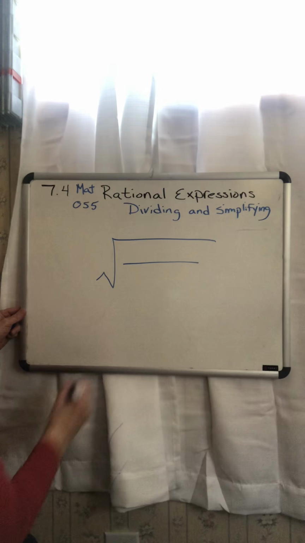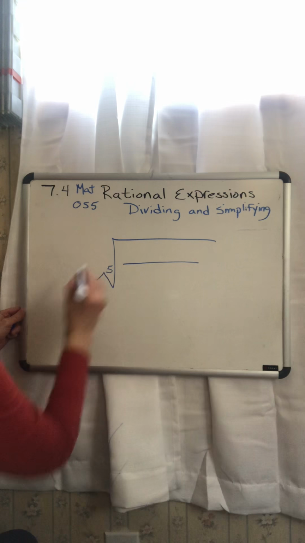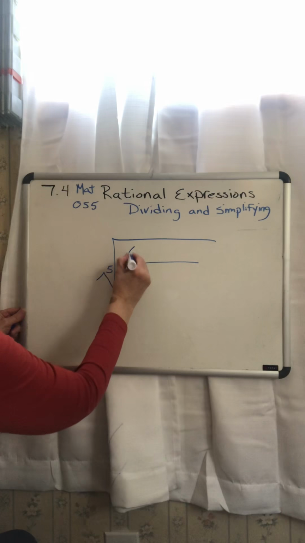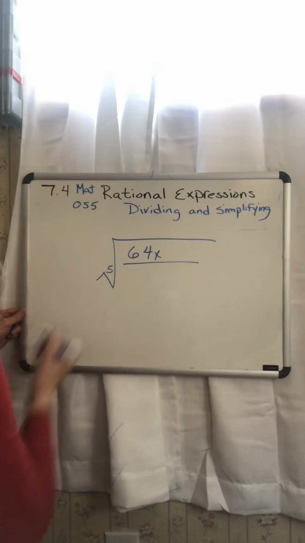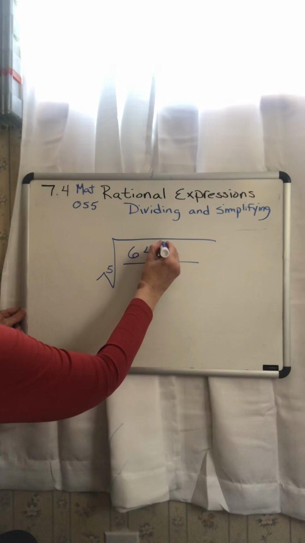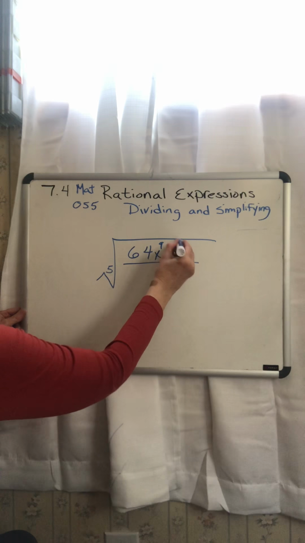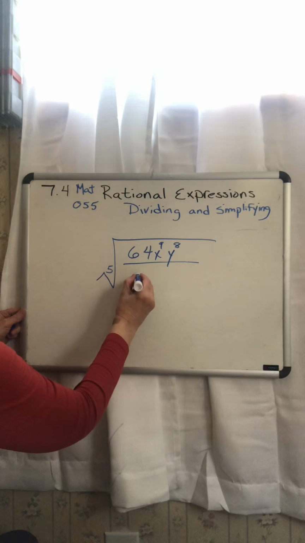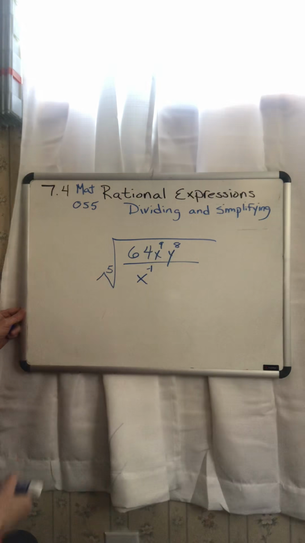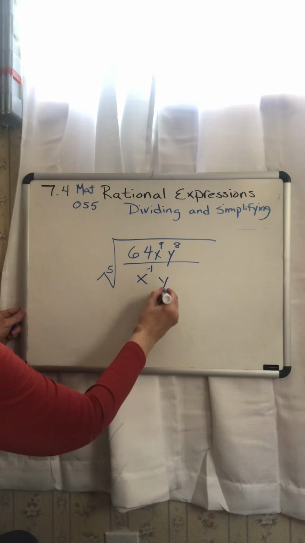So number 5 is a root 5, and we have 64 x to the 9th, y to the 8th, over x with a negative 1 exponent and y with a 2.